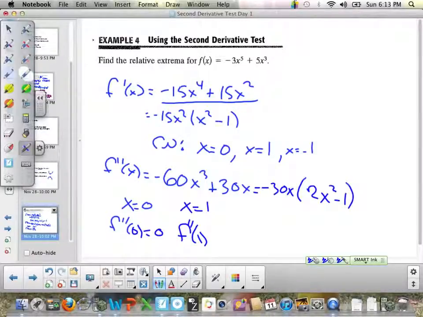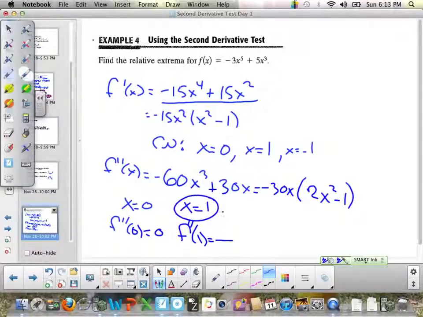A negative times a positive is a negative. And negative is concave down like a frown. A frown has a top. So x equals 1 is a relative max. And it has a max at x equals 1.